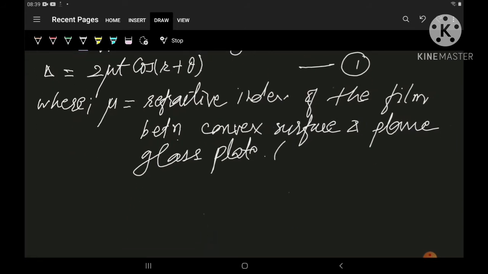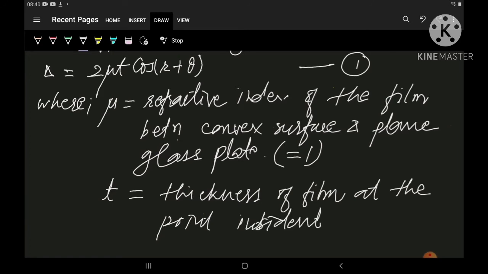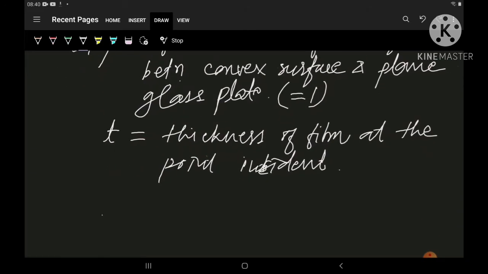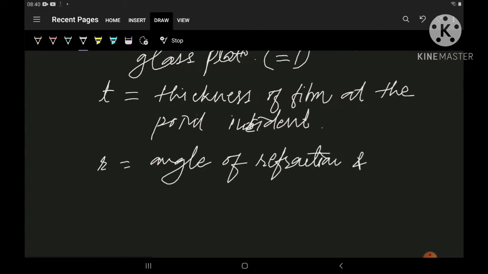In the case of air, its value is equal to 1. t is the thickness of the film at the point of incidence. r is the angle of refraction and theta is the wedge angle.